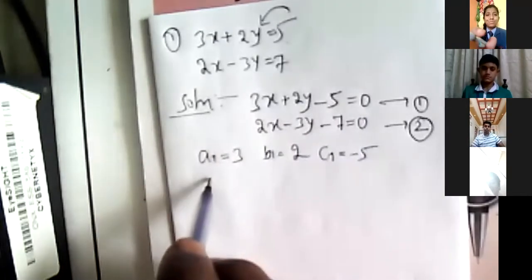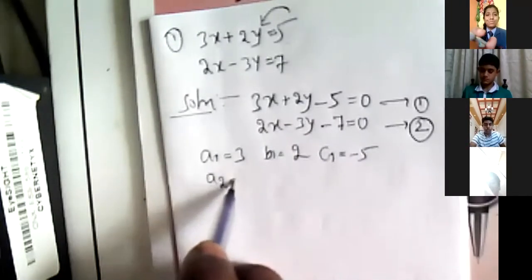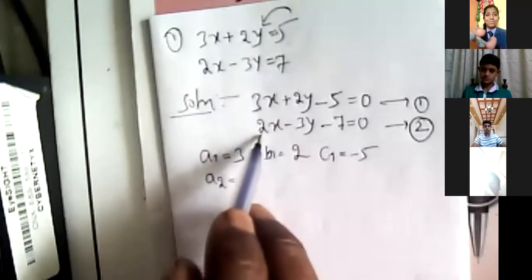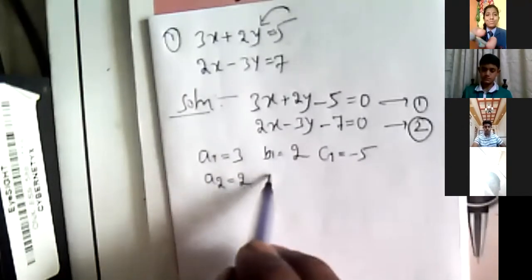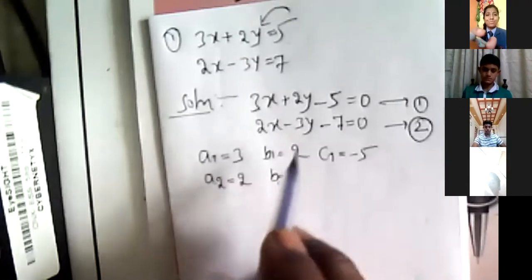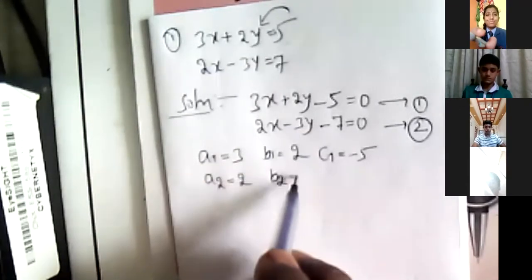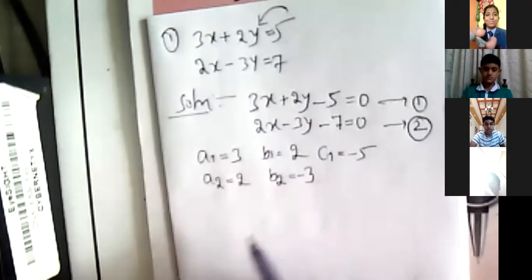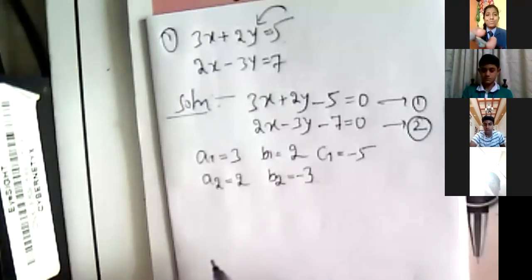Next, in the second equation, a2 is equal to 2, the coefficient of x. b2 is equal to minus 3, the coefficient of y. Mind it, it is minus 3. Next, c2 is equal to minus 7.